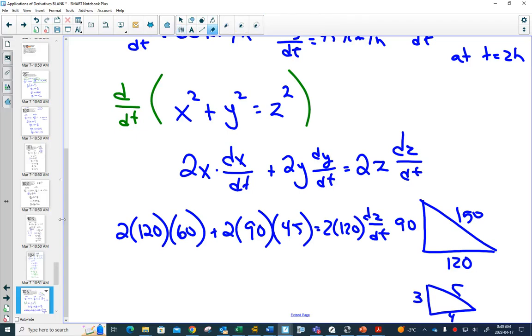That would have ruined everything. So take out our calculator and do the following, and you'd get 75 kilometers per hour.